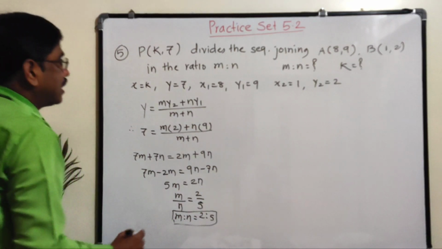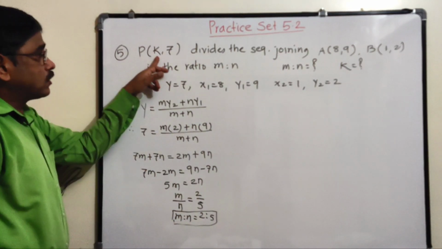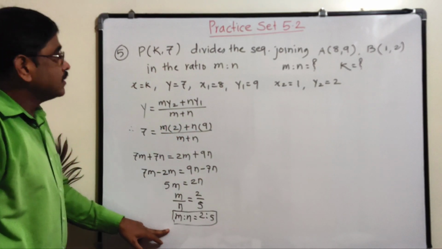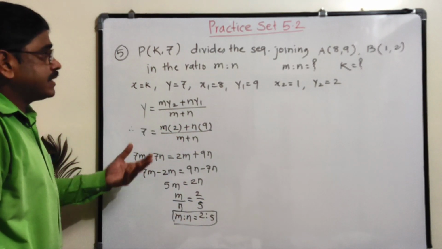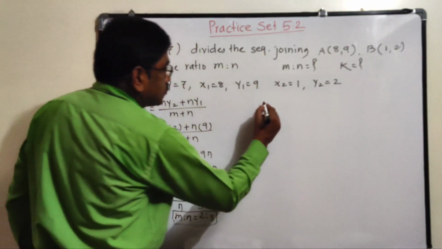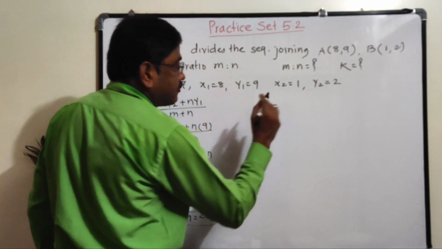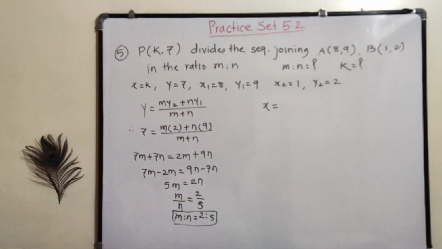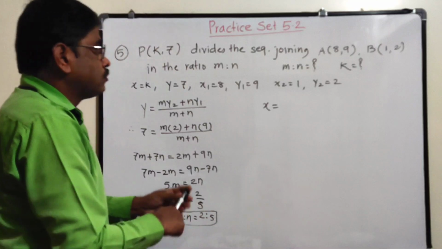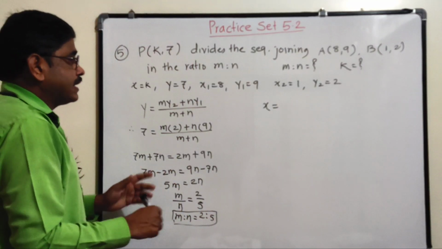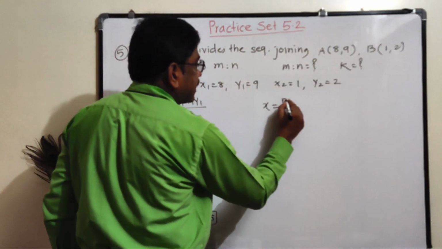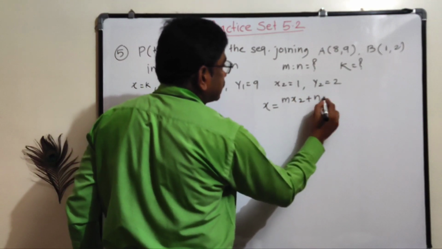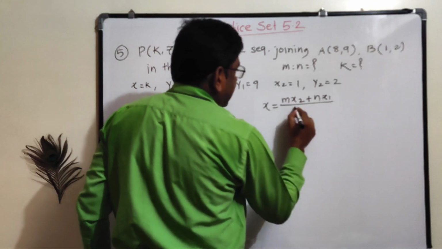Now use the formula of x coordinate. We have to find the value of k. K means x coordinate. No need to use the whole formula again. M is to n is 2 by 5. We get the one value. Now k. So x coordinate by section formula. Remember section formula. So by section formula, write the formula for x coordinate, m x2 plus n x1 divided by m plus n.